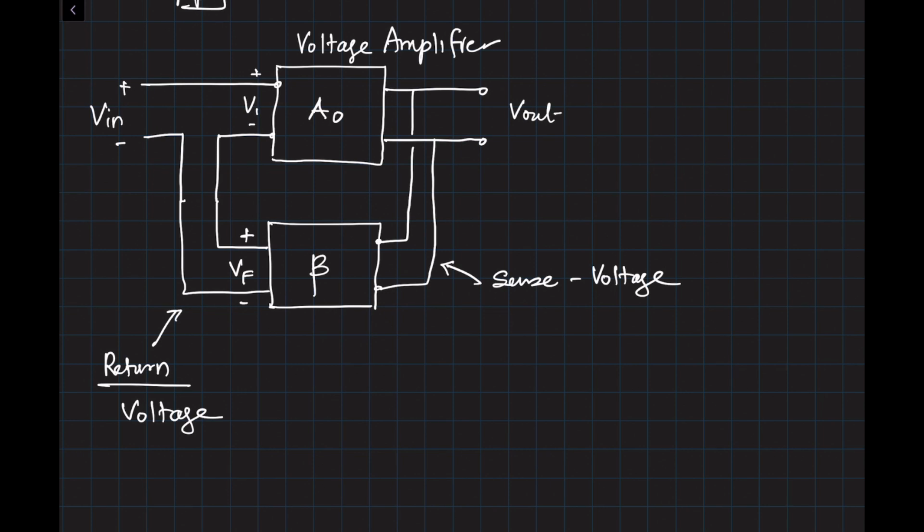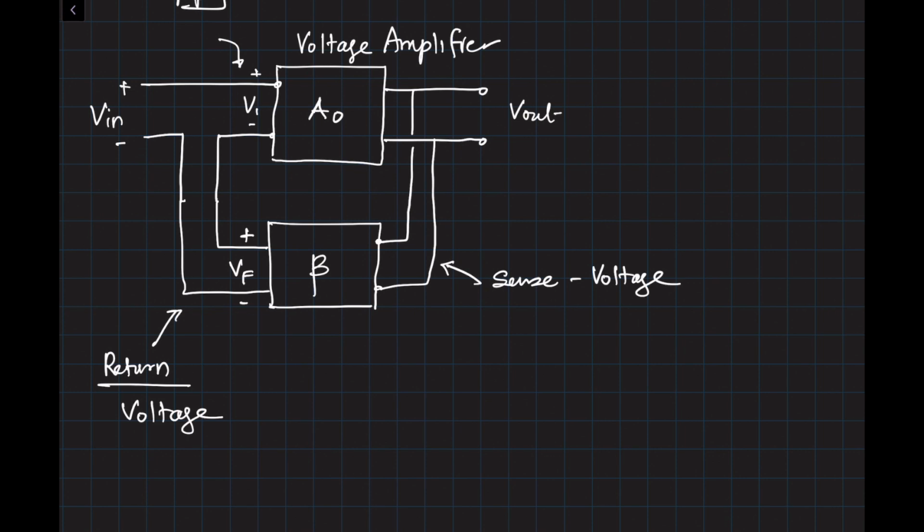We are sensing the output voltage and applying a beta feedback factor, and then the output voltage from the feedback block, Vf, is subtracted from the input voltage, Vin, to give the effective input voltage at the amplifier input. Clearly you can see we are sensing the output voltage, hence the first term voltage. The second term, voltage, comes from returning at the input, which is also voltage.